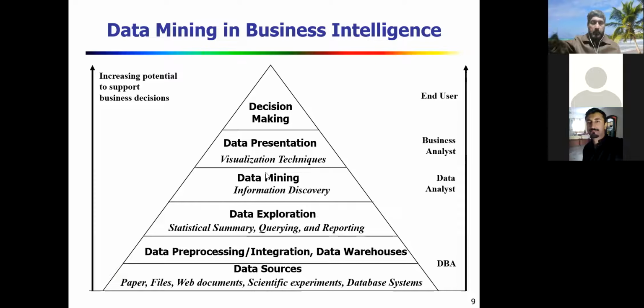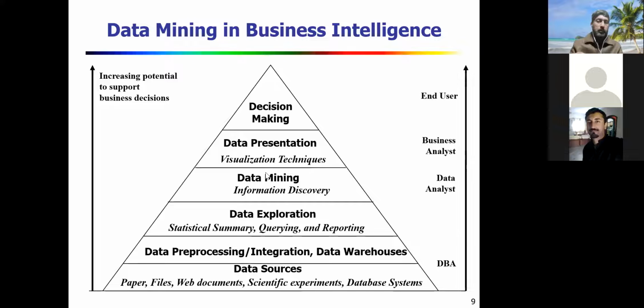At the top level you have small volume but knowledge, something that is usable. So the data mining process or the business intelligence process basically goes from large volumes of potentially useless information to small volumes of potentially highly actionable information.